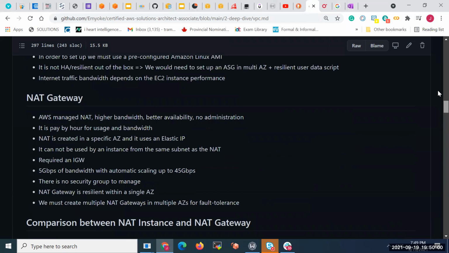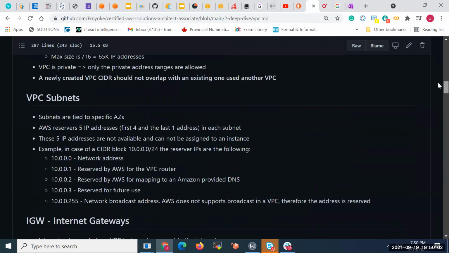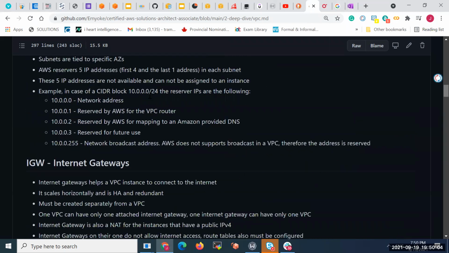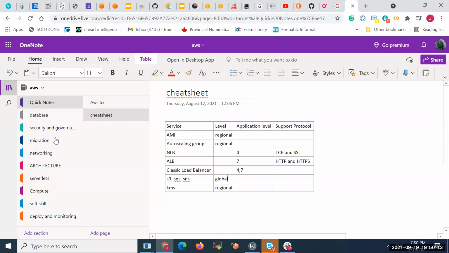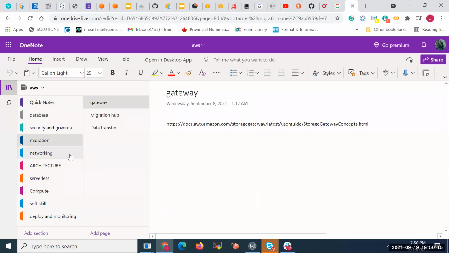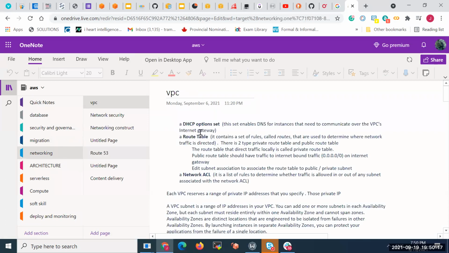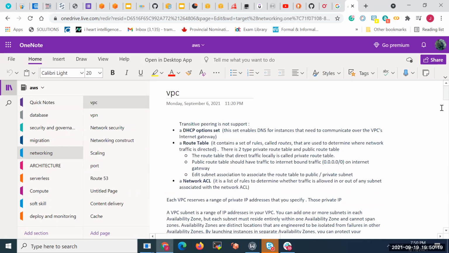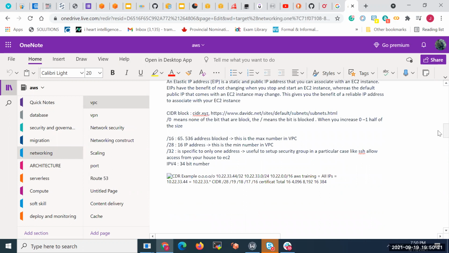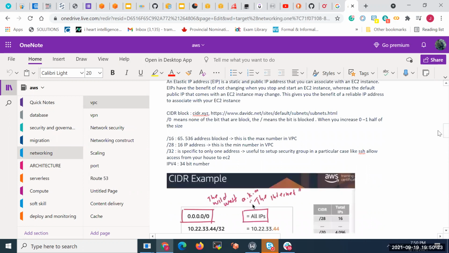Let me see if they have it here, because I'm not really good at explaining it. So you see CIDR block here, like different ones. Let me see if I have this. Yeah, I'm not the best when I explain CIDR blocks, but I'll see if this helps. Okay, here.